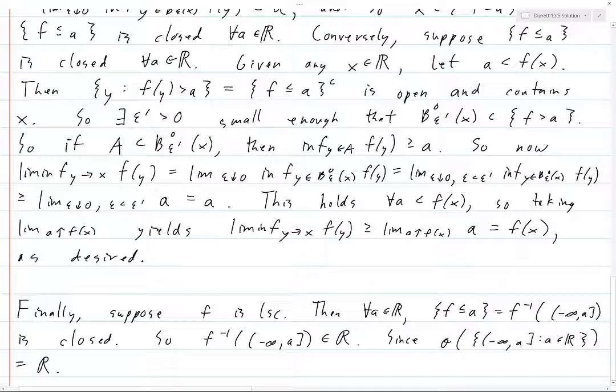So let's say you have an open interval of the form a, b. Then what you can do is take the closed interval from minus infinity to a, take its complement, so that's the open interval from a to infinity, and you take its union with minus infinity to, no. So here, what do you do here?